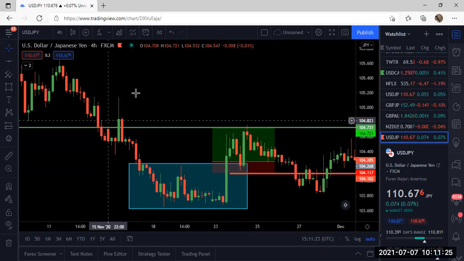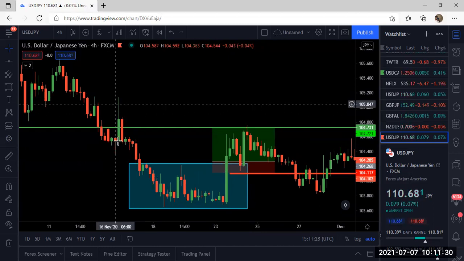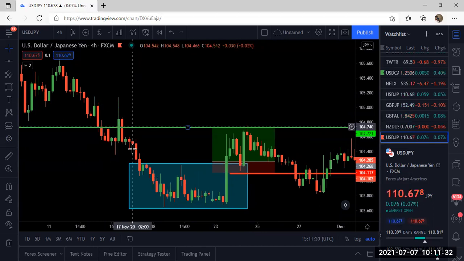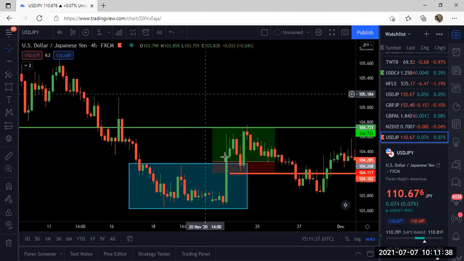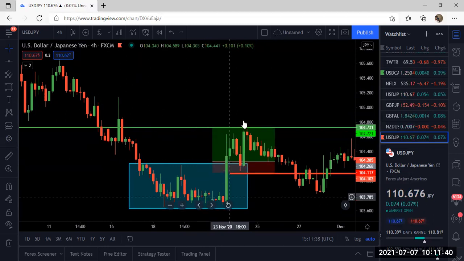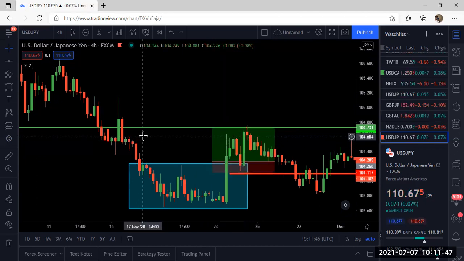I say, okay, I don't want to put it this high because this is too unrealistic. This is just a long wick. It would have been different if the market came down, rejected, rejected. But nah, it consolidated, it pushed up. I'm sitting right here. I'm like, where am I gonna put my take profit? I could have easily put my take profit right here if I wanted to.